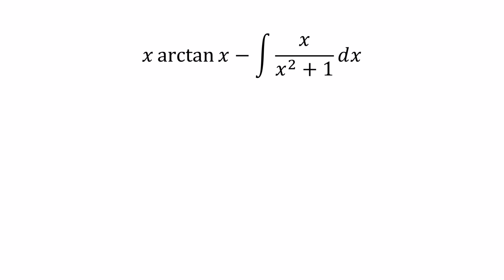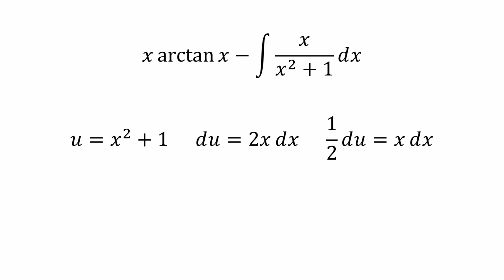To evaluate the remaining integral, we let u equals x squared plus 1. The differential is then du equals 2x dx. Dividing both sides of the differential by 2 gives 1/2 du equals x dx.